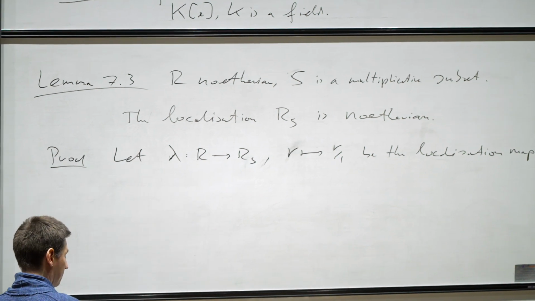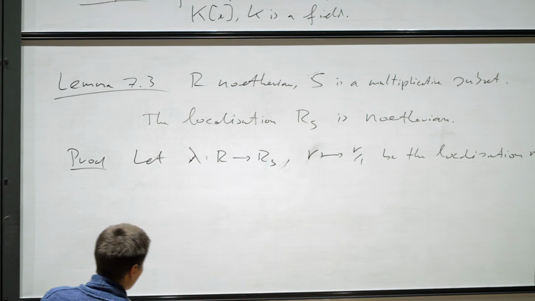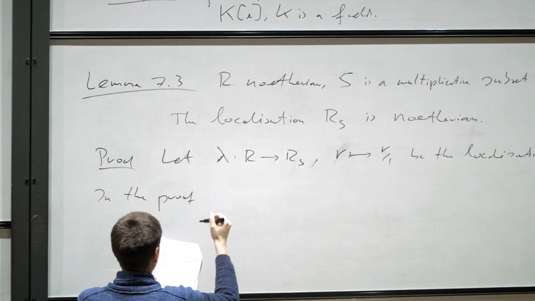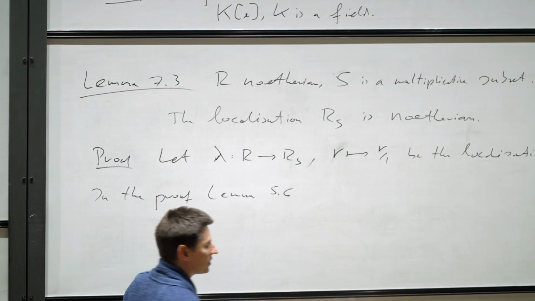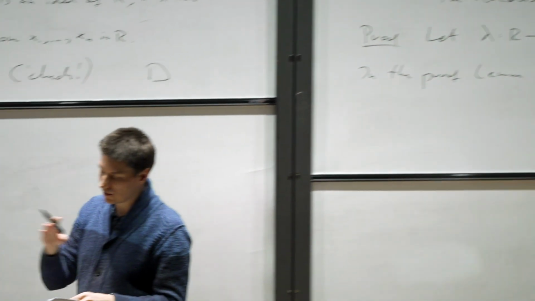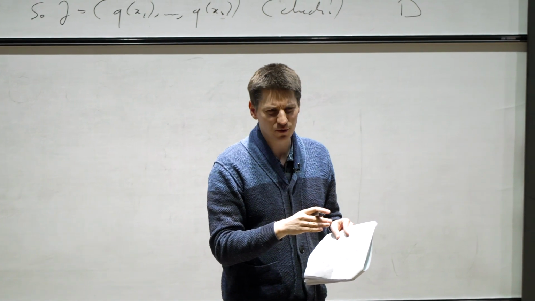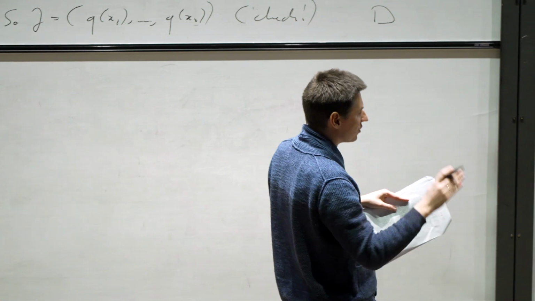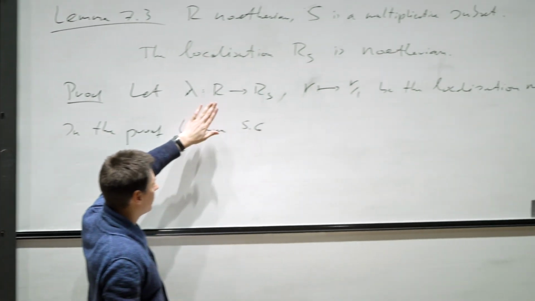If you go back to the proof of lemma 5.6, let me remind you what that was. It was this long proof where we were looking at ideals of the localization and ideals in the original ring which intersect the set S trivially. That took us half of a lecture. We were showing that there's a one-to-one correspondence between prime ideals in the localization and prime ideals in R which do not intersect S.